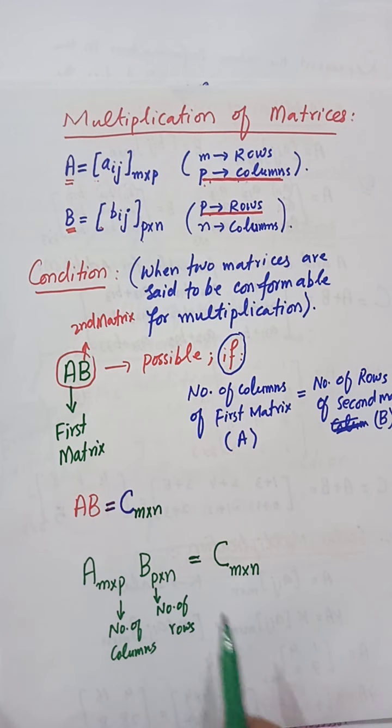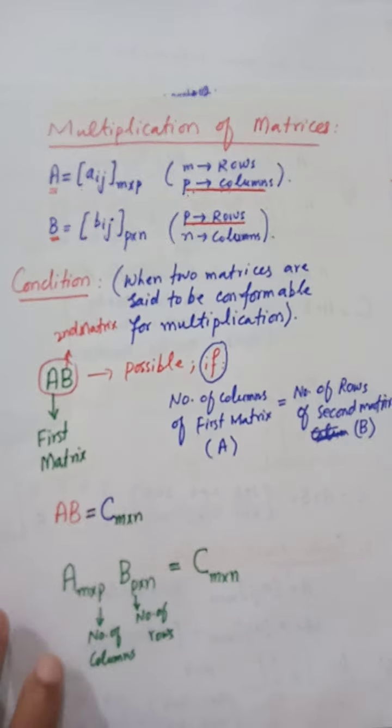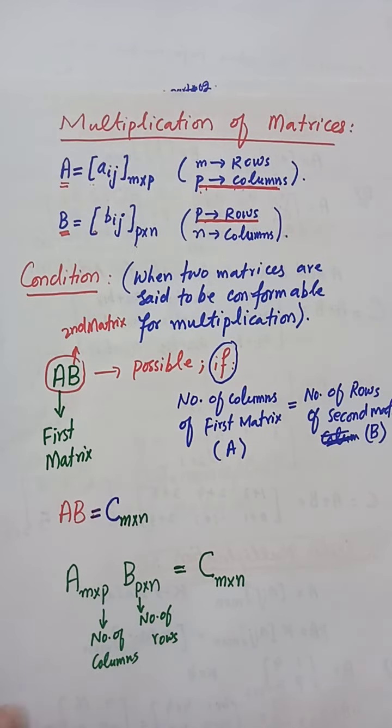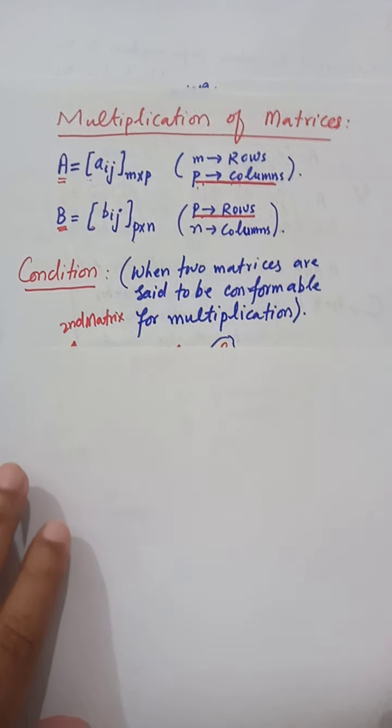That's how you can calculate the order of the resultant matrix which is obtained from the multiplication of two matrices. Now we can discuss how to multiply, what the procedure for multiplication will be.